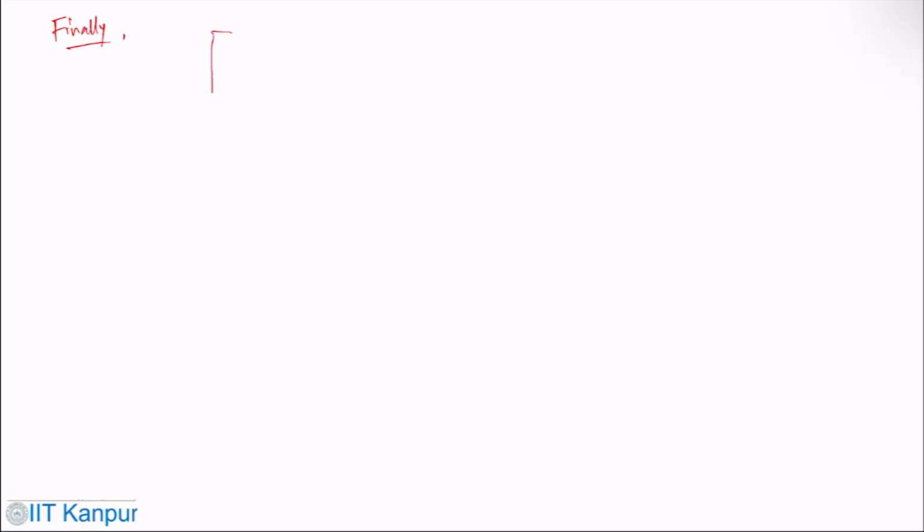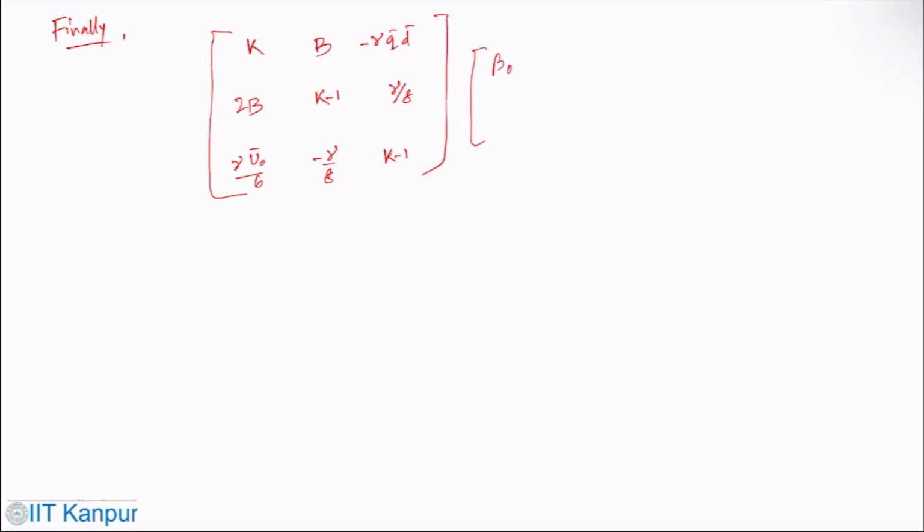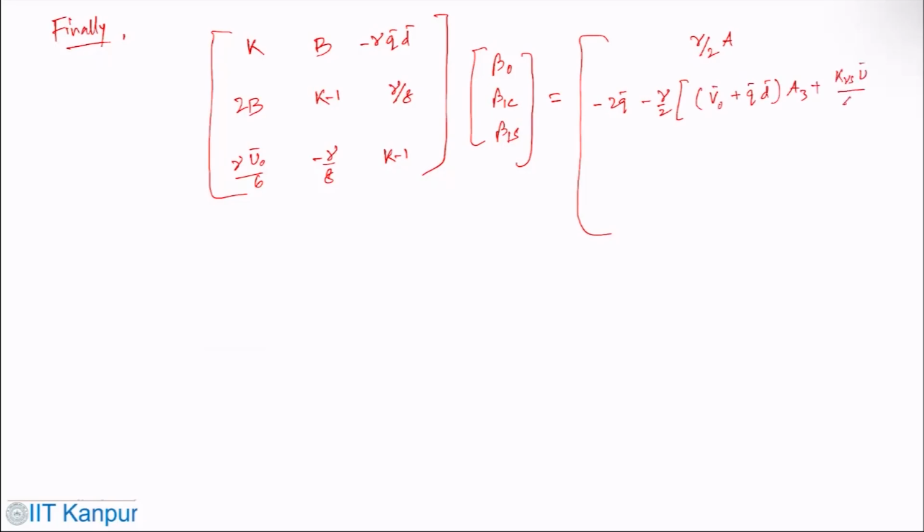So what we have finally is a matrix: K B minus gamma q bar d bar, 2b K minus 1 gamma by 8, gamma u naught by 6 gamma by 8 K minus 1, where beta naught, beta 1c, beta 1s equals gamma by 2a minus 2q bar minus gamma by 2 b naught, A3, KNUS U bar by 4.